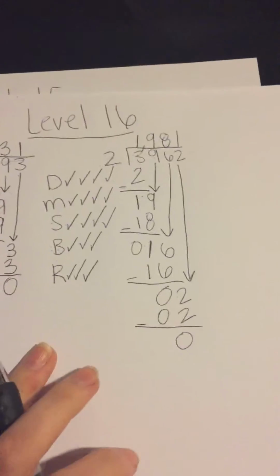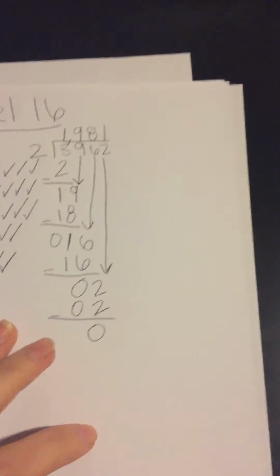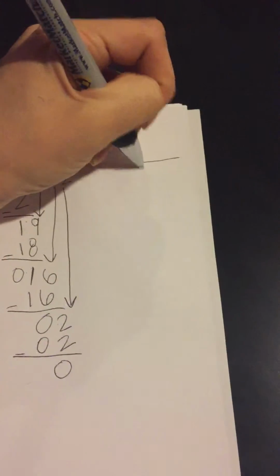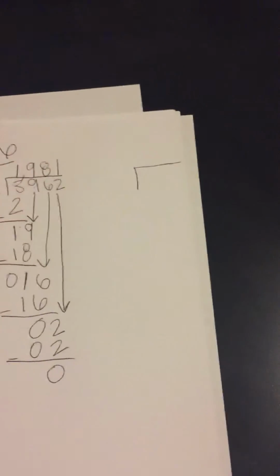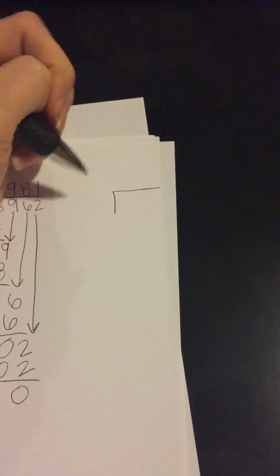All right, so I'm sure you're doing a great job following along. So I am going to write out a problem, and I want you to solve it on your own, and then you can press play, and I'm going to work it out, and I want you to check your work.